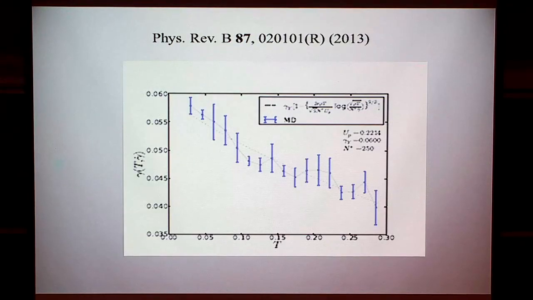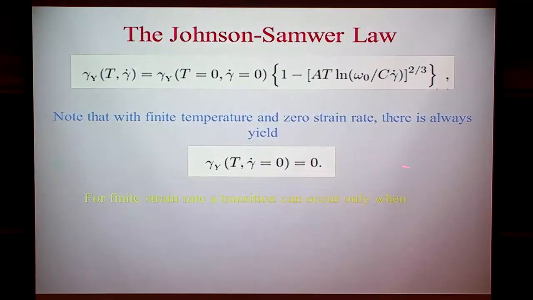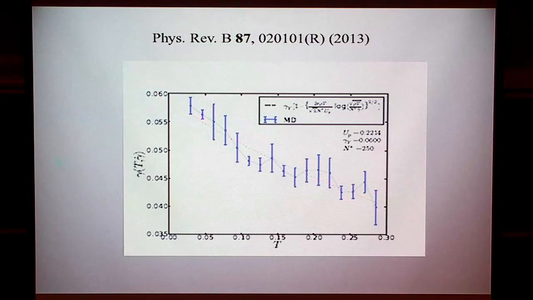You find the same law exactly analytically, except that the coefficients that were fitted in the experiment, A, omega 0, C, are now computable. Here you see the relationship that we find in numerical simulations between the law and the actual measurements of the yield as a function of temperature for a given gamma dot, and there's no free parameter here. Everything is computable. So I think it's time, so I'll thank you very much for your attention.